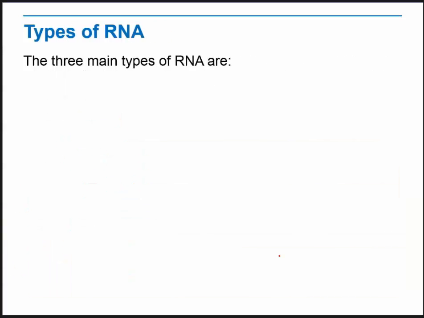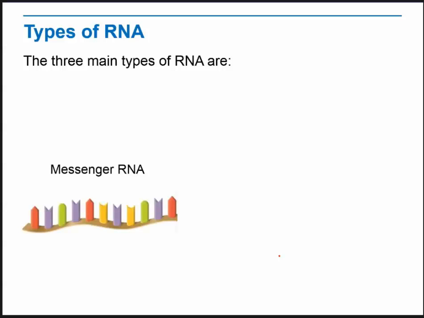Let's take a look at the three main types of RNA. The first type of RNA is messenger RNA. Sometimes this is abbreviated to mRNA. Messenger RNA is a type of RNA molecule that takes a copy of a specific part of DNA and then messages it, or moves it, outside of the nucleus to ribosomes where proteins are produced.